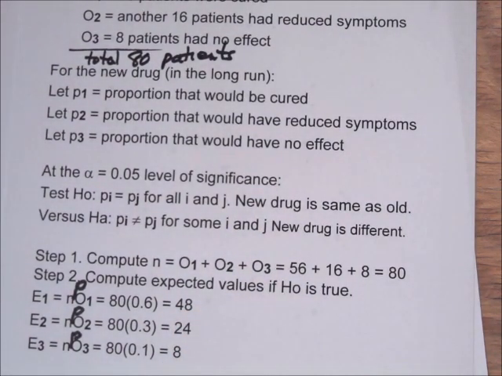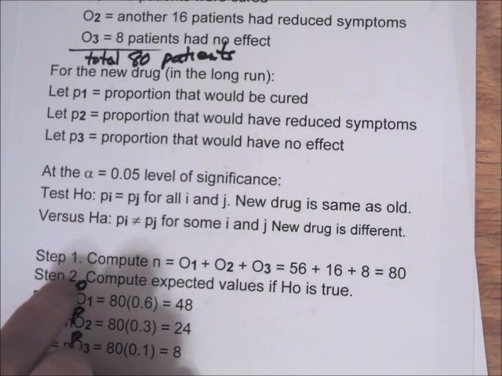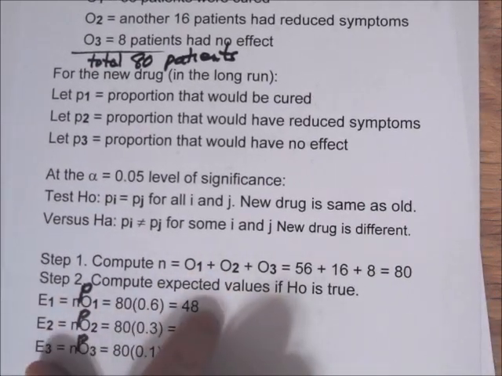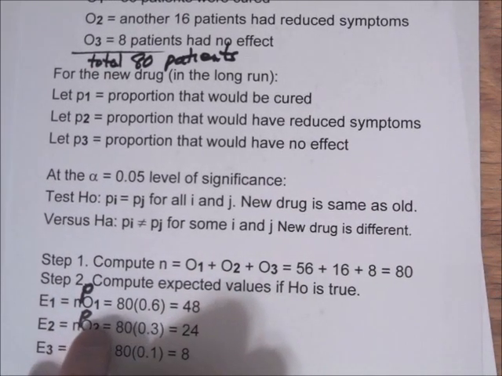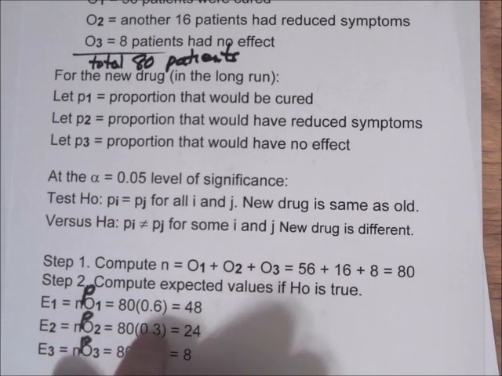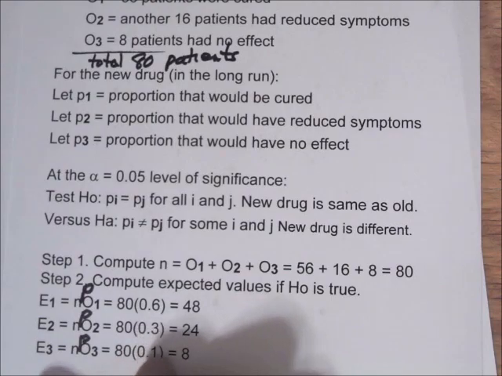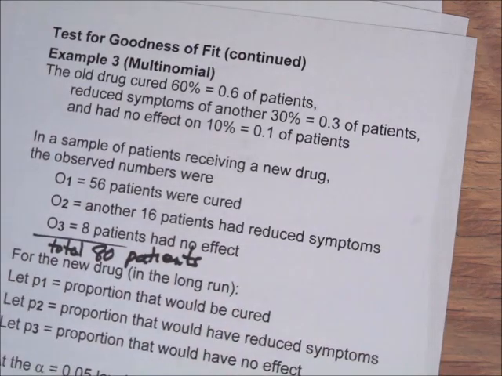The proportion cured by the old drug, if we multiply that by the n, if the new drug is no better than the old drug, it should be n times 0.6 is 48 cured. n times PO2, 80 times 0.3 is 24, n times PO3, 80 times 0.1 is 8. So those would be the expected. And these numbers up here would be the observed.